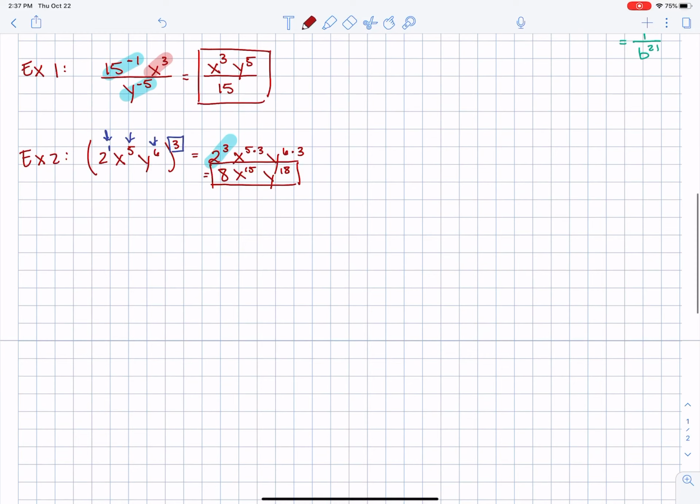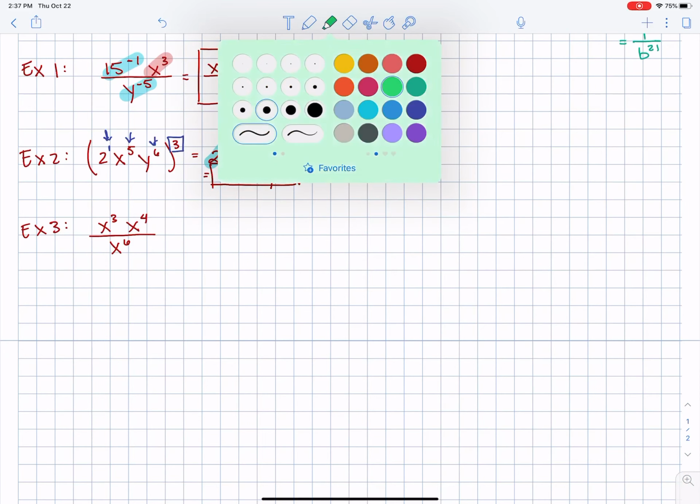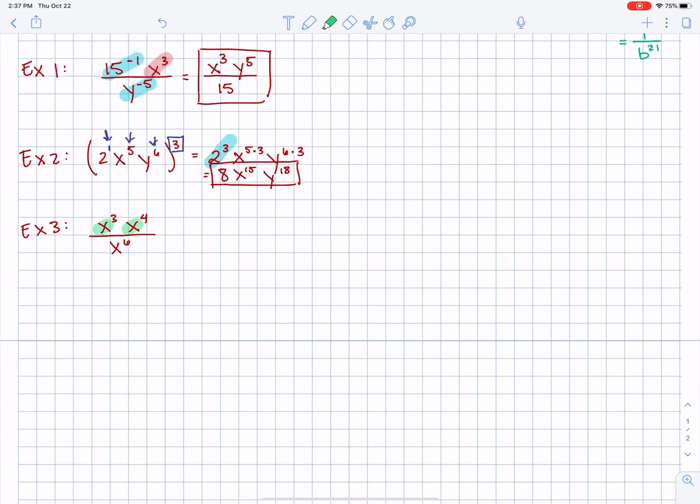Okay, your very last one, example 3. It's going to be numerator, denominator, x to the power of 3, x to the power of 4, all over x to the power of 6. So they have the same bases here. x, x, and x are all the same base, meaning that we need to combine them. Now, I like to work with my numerator first.